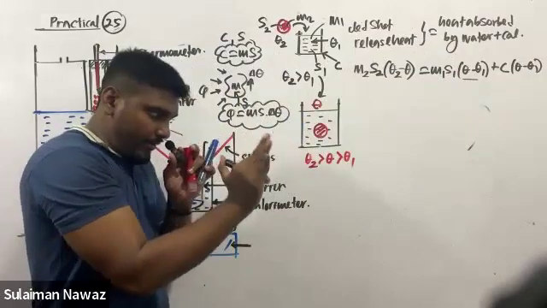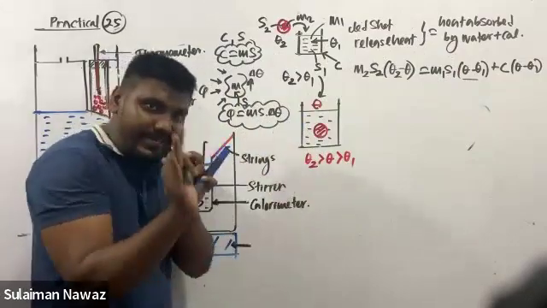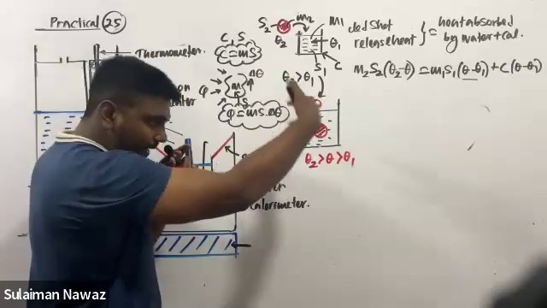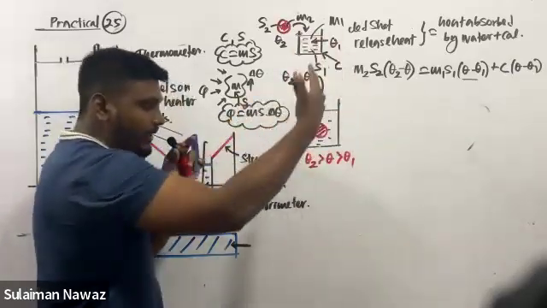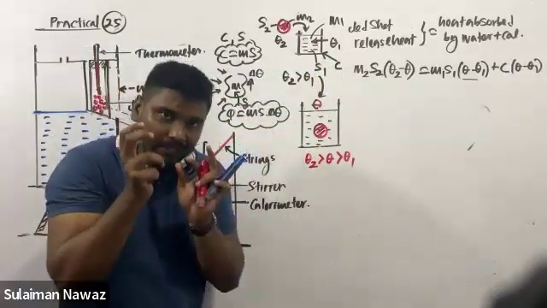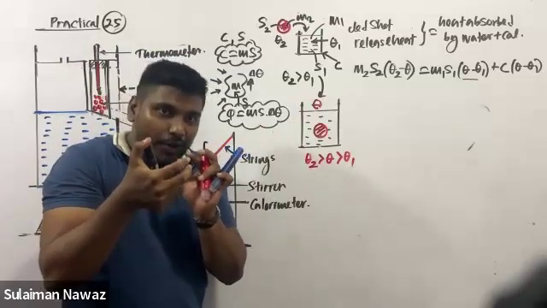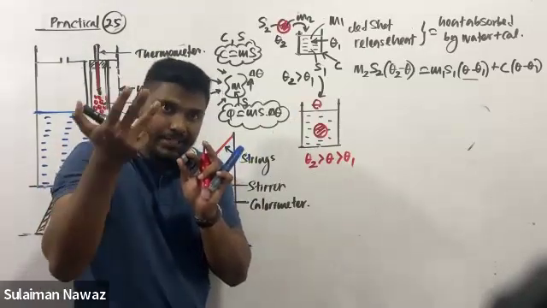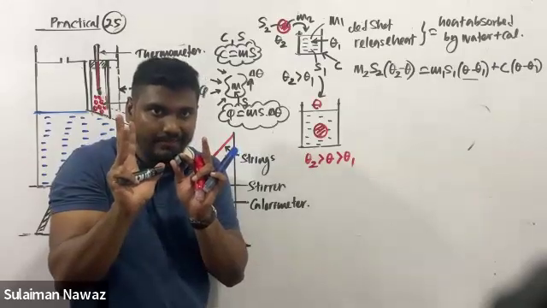Actually, this is what we do. We heat the lead shots. As a brief of what we are doing in this practical, we have a set of lead shots. We are going to heat the lead shots to a high temperature, normally 100 degrees Celsius.